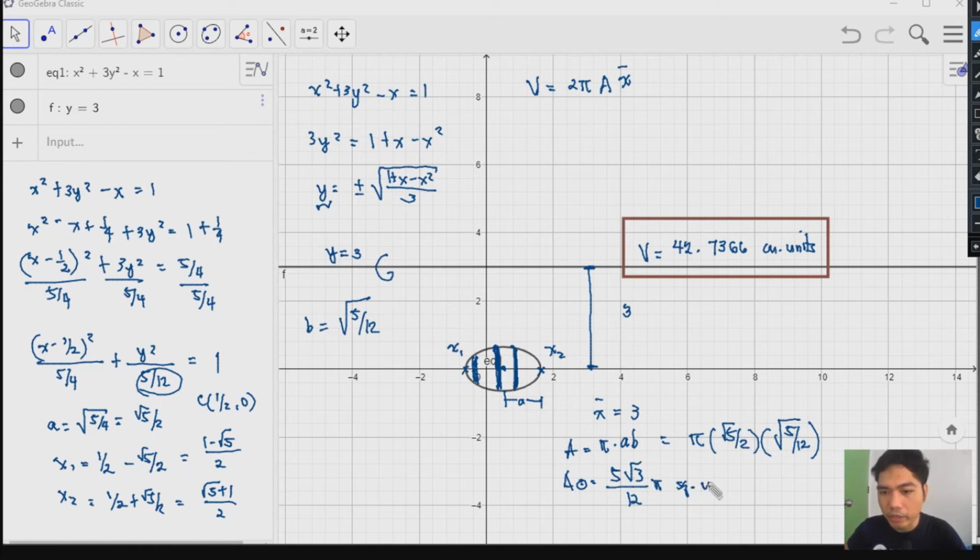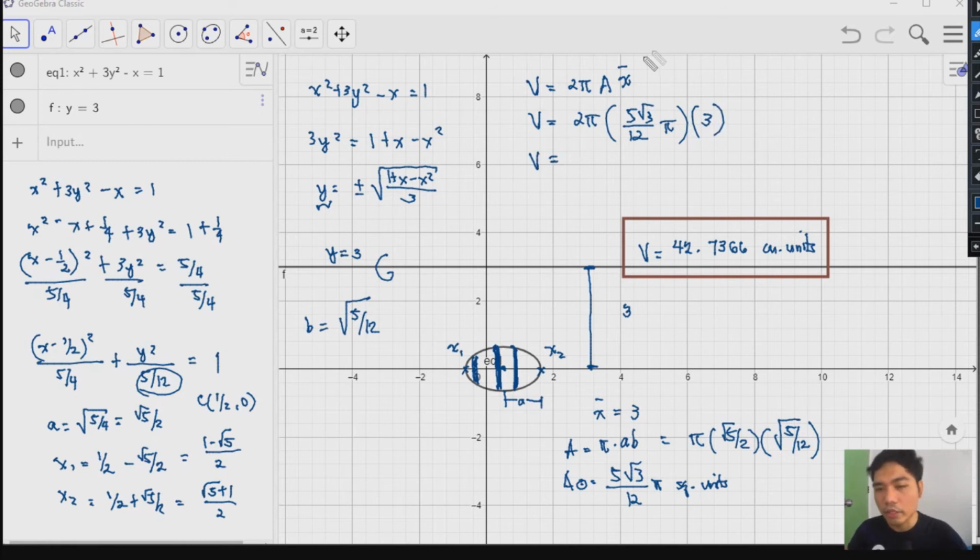That's square units. Okay, so therefore the volume of this ellipse rotated at y equals 3 would be the volume equal to 2 pi times the area. So that's 5 square root of 3 over 12 pi, and then you multiply this by the geometrical centroid, so that's 3 units.